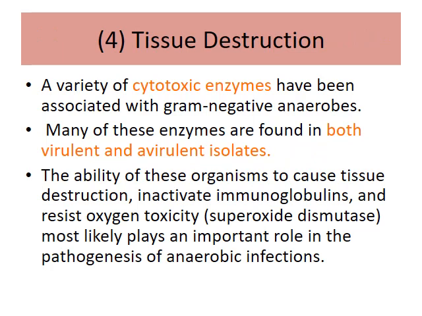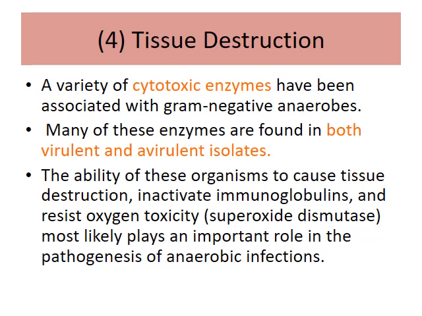Why do they cause tissue damage? Because they have cytotoxic effects. You see that kind of tissue damage, cyto means cell, toxic, toxicity. They are very much a feature of gram-negative anaerobes, and these are present in both virulent and avirulent strains. And what do they do? They cause tissue destruction. They inactivate immunoglobulins, especially on the surface of epithelium.